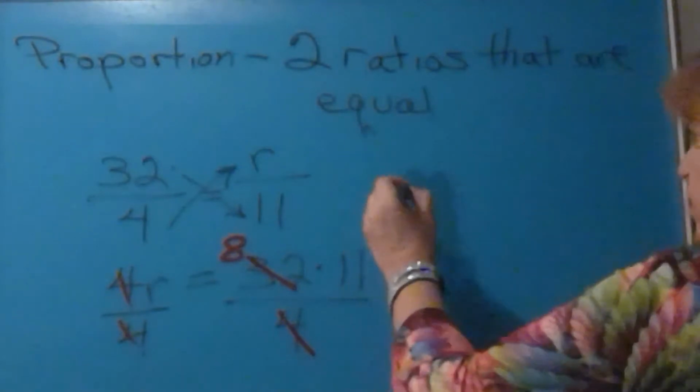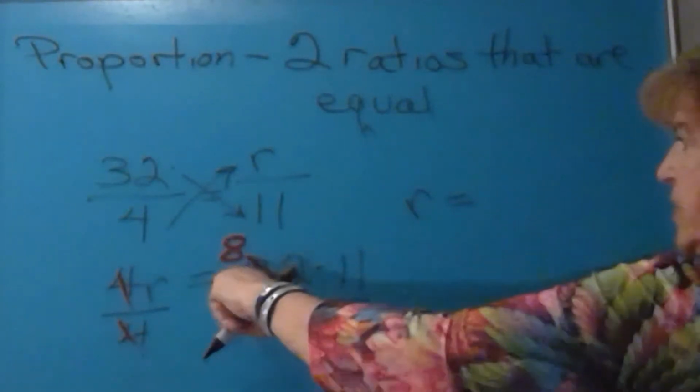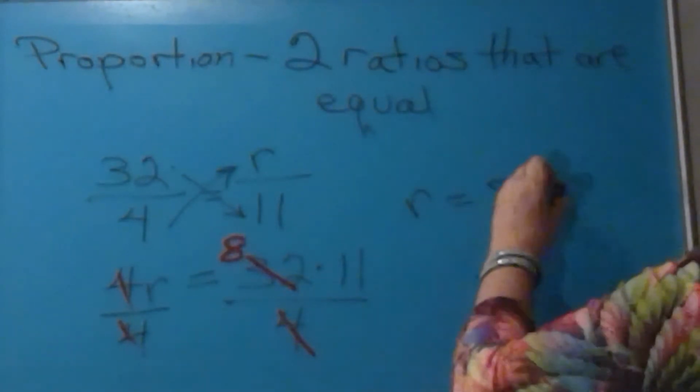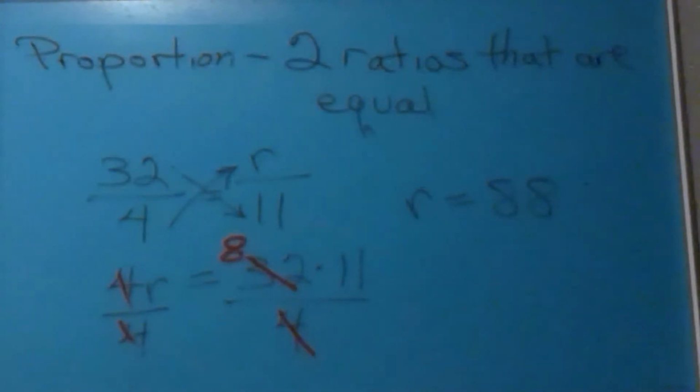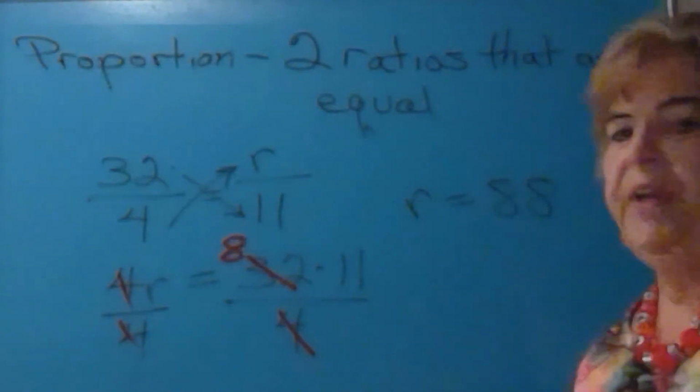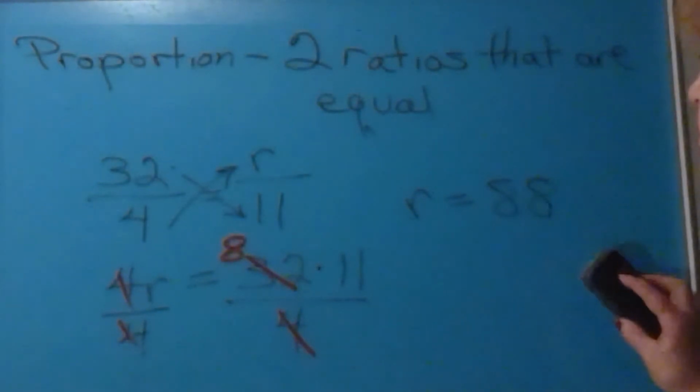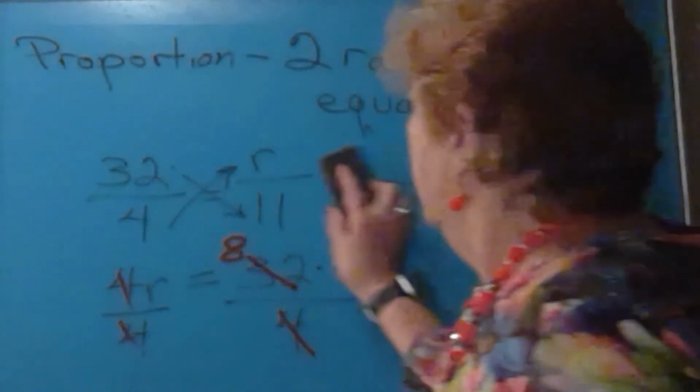So I end up with r equals, and on this side I have 8 times 11. You don't always have to grab your calculator. Sometimes your brain can do it faster. Let's look at another one.